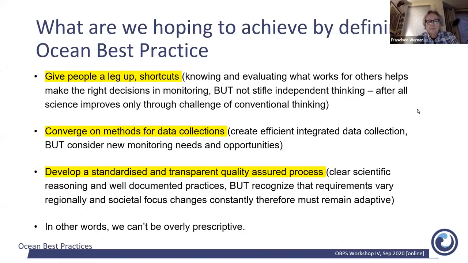But we also know that we do need to consider new monitoring needs and opportunities, and I'll talk a little bit about that. And of course, to have a best practice would also help in developing a standardized and transparent quality assurance process, if you will, based on thought out or clear scientific reasoning and documented practices.